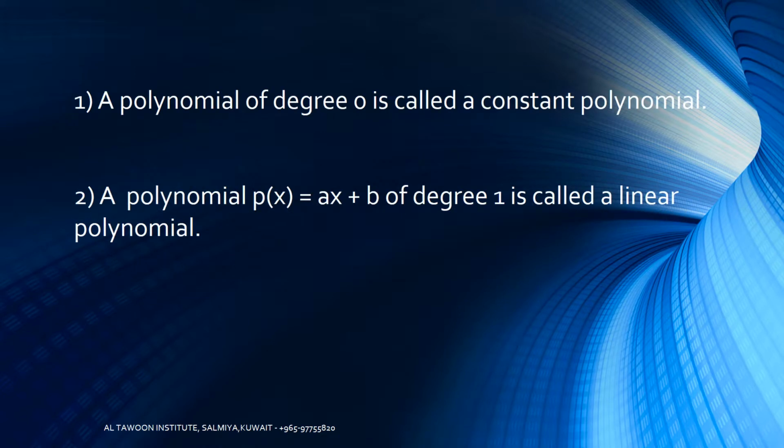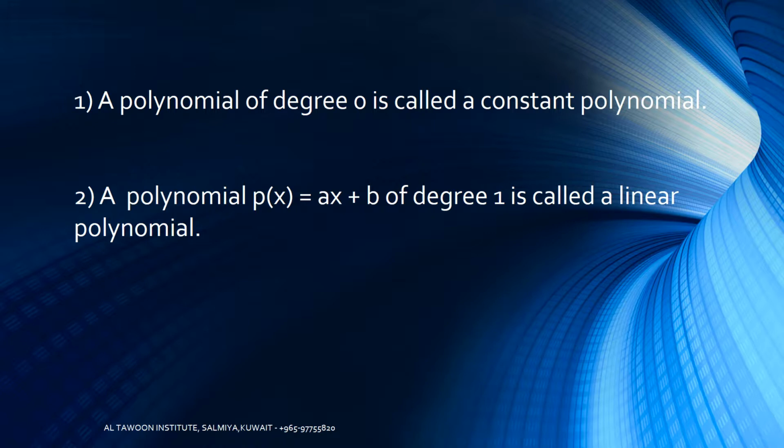What is the general form of a linear polynomial? ax + b, but the coefficient of x is not equal to 0. The number of zeros is equal to 1. What is the k value for that? The k value is minus the constant term divided by the coefficient of x.